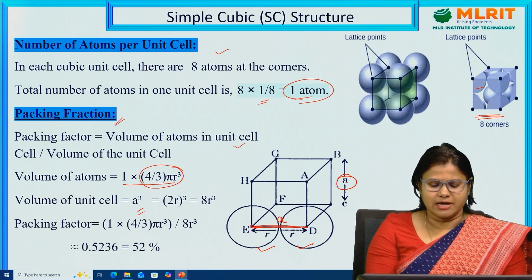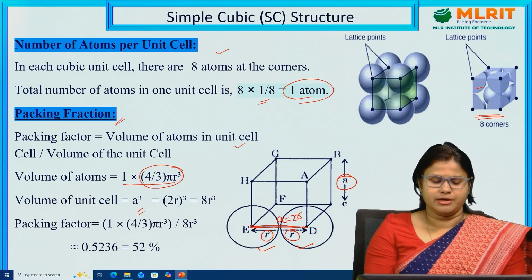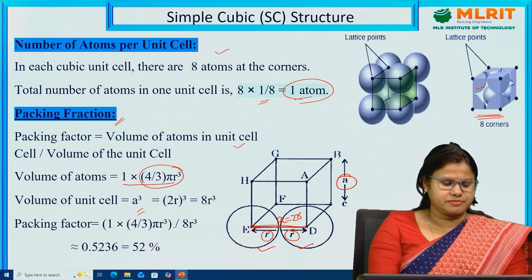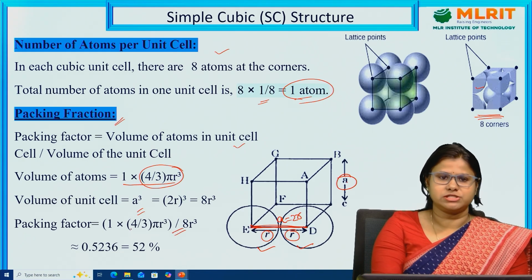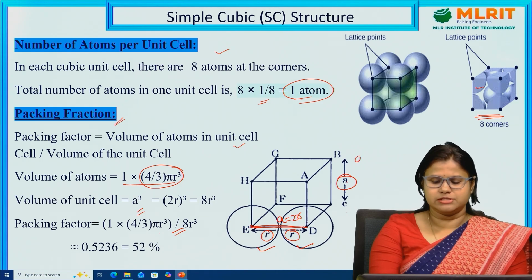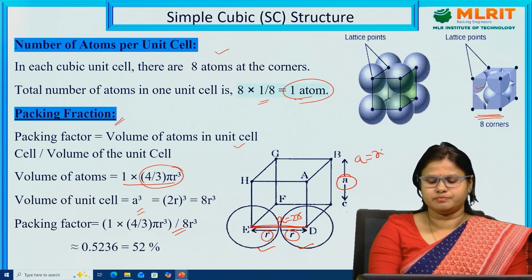If we add the radii R and R, we get A equal to 2R. By substituting this value, we can find the packing fraction: 1 times 4/3 pi r cube, with the relation A equal to 2R.